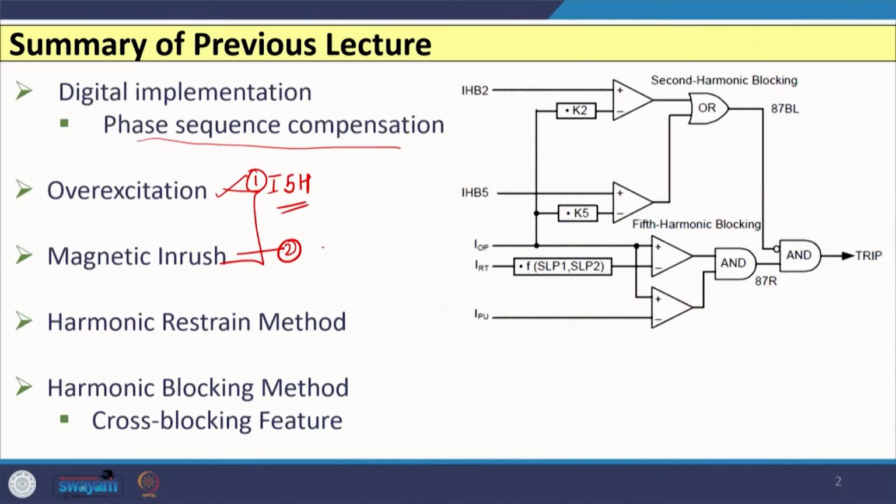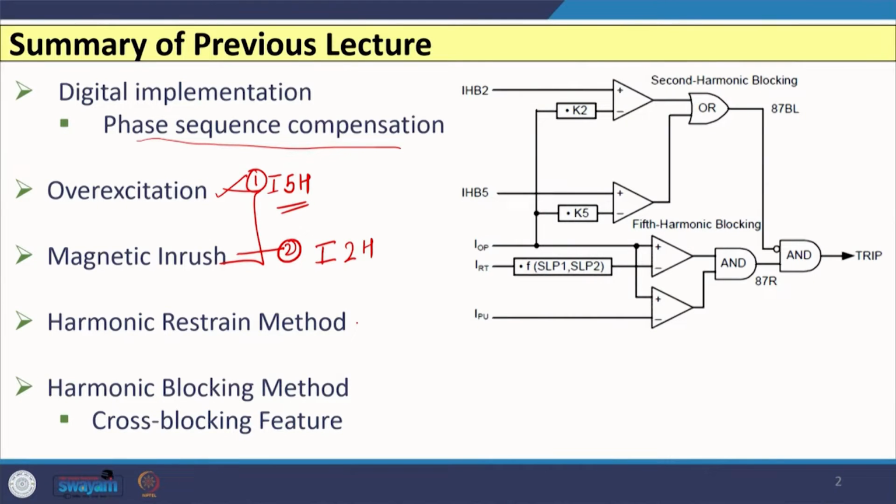We have also discussed that the residual flux plays an important role when we are talking about magnetizing inrush current, and we found that after harmonic analysis of the inrush waveform we can detect the inrush current if we go for the second harmonic component, and if the second harmonic component exceeds a certain threshold value, then we can block the operation of the relay, indicating that this is an inrush phenomenon and not an internal fault, otherwise the tripping can be initiated.